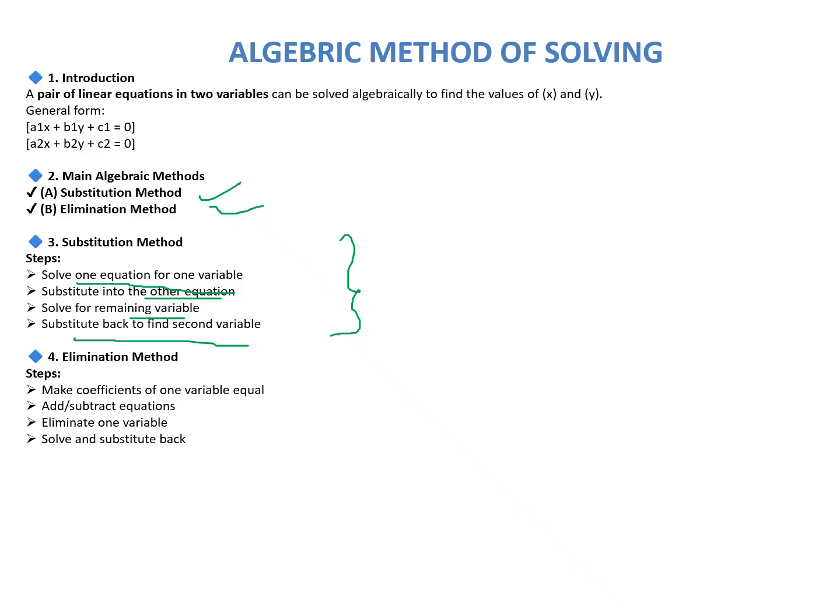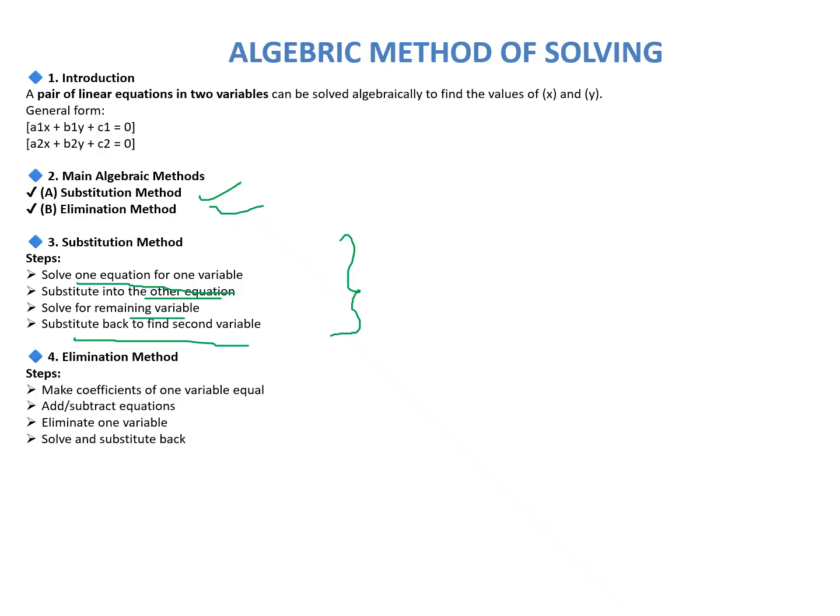Then we use the value of that variable in the second equation, and we get the answer for the second variable. Once we get it, we can substitute back into the first equation to get the value of the first variable as well. We are going to discuss this in detail when we discuss the substitution method.